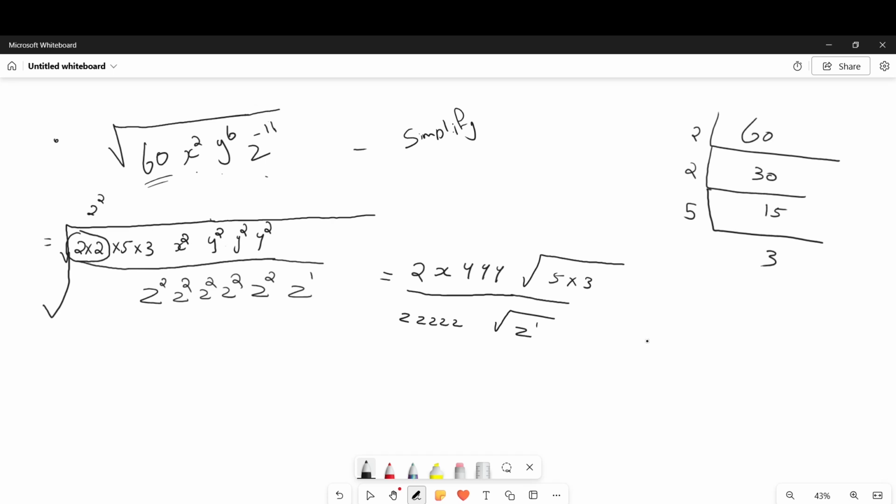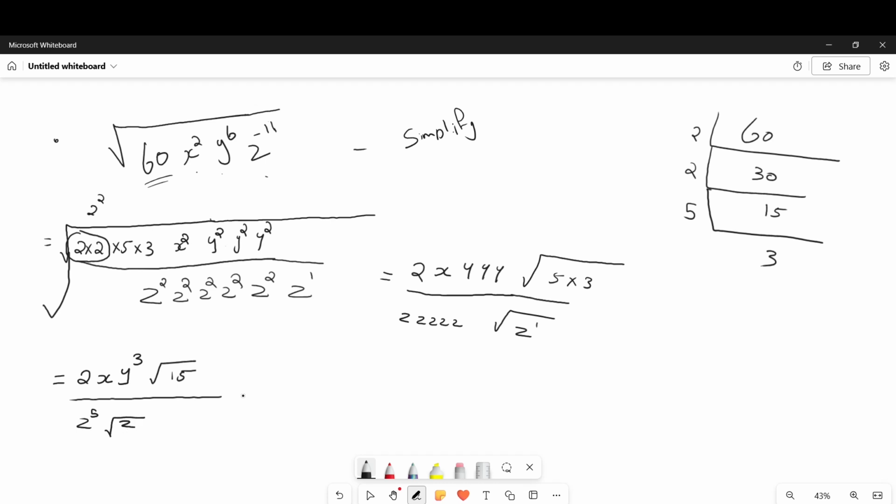So moving forward to the more simplified form, it is 2x times y cubed, then what is left there is root 15. Then on the denominator side, z is raised to 5, and root z is left there. So this is the simplified form.